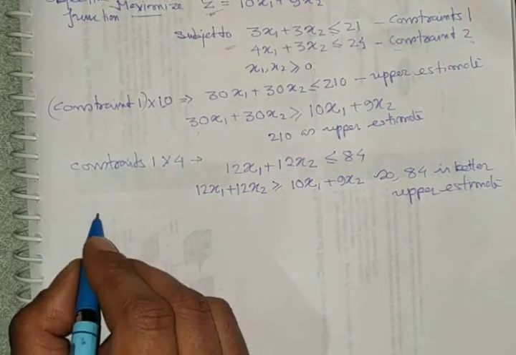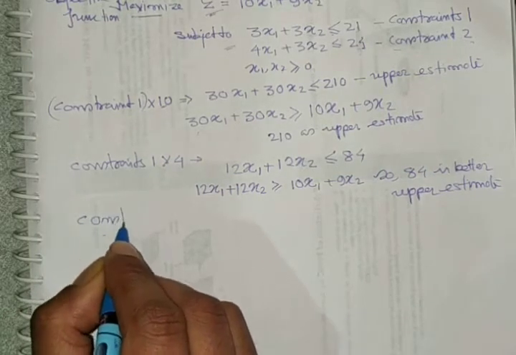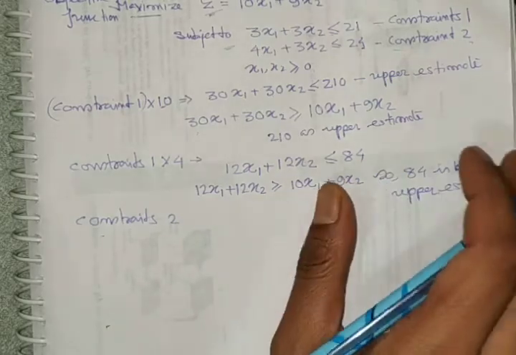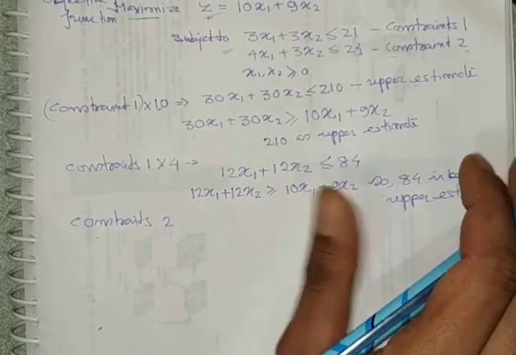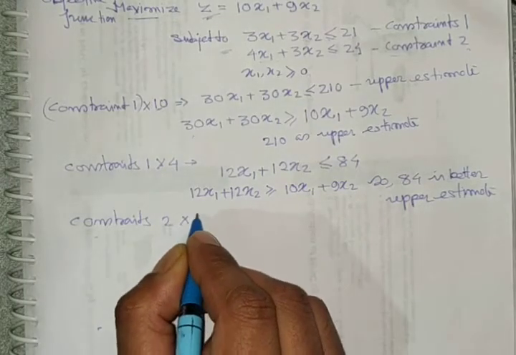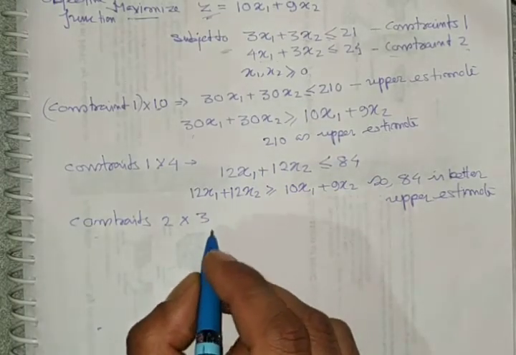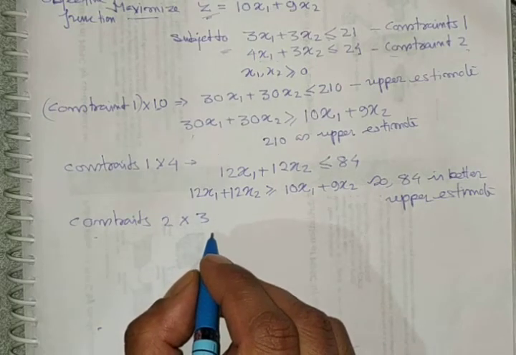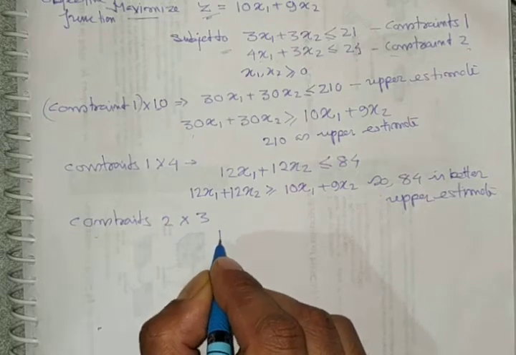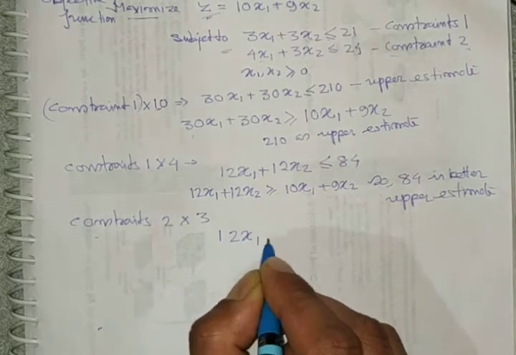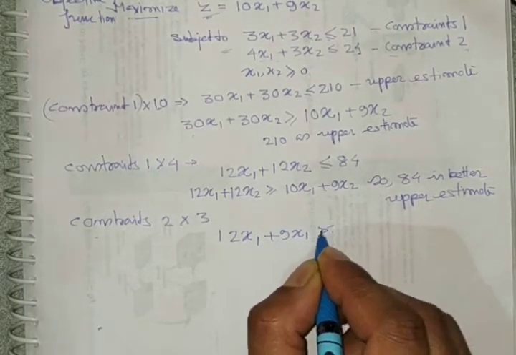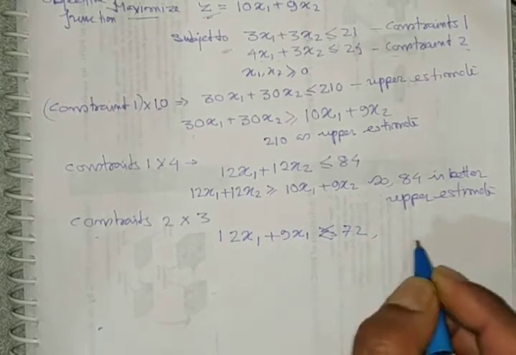Now similarly we consider constraint 2, this one, multiplied by 3. If you do that, then it will become 12x1 plus 9x2 less than or equal to 72.